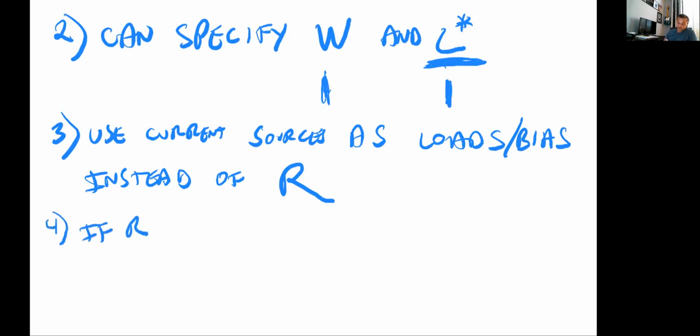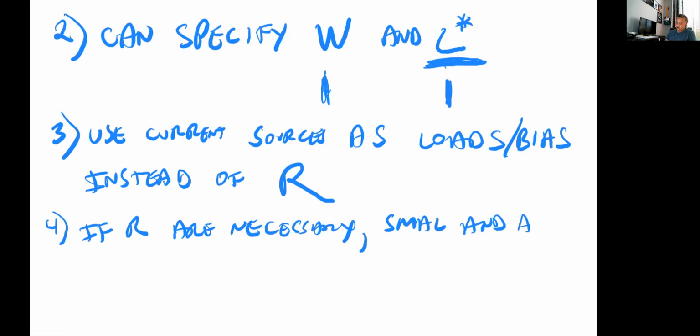So if resistors are necessary, I need to know that in the technology of fabrication, small and accurate is difficult.